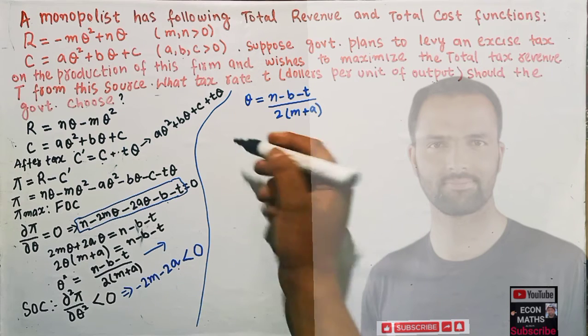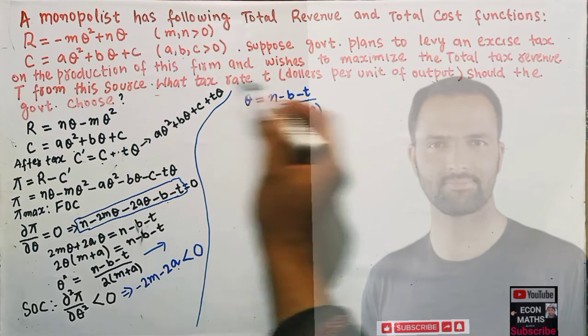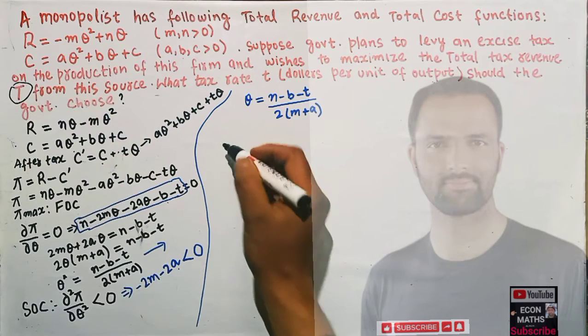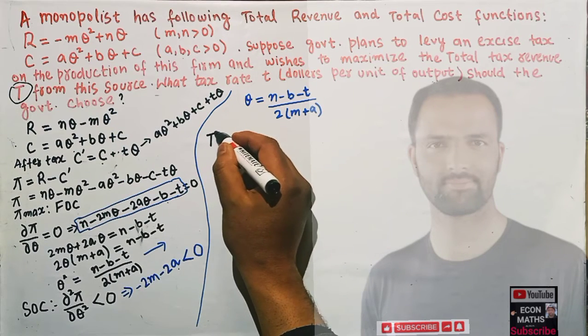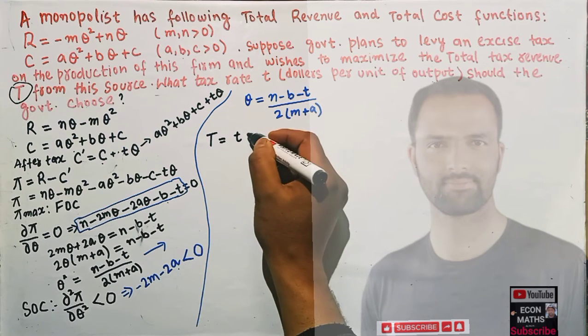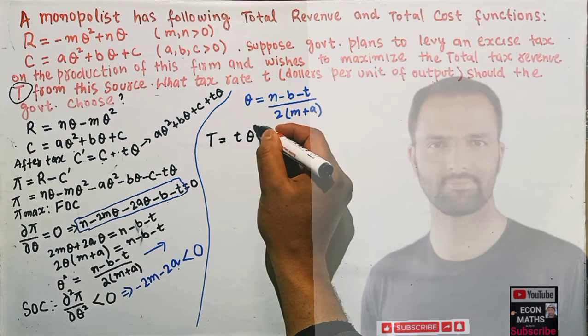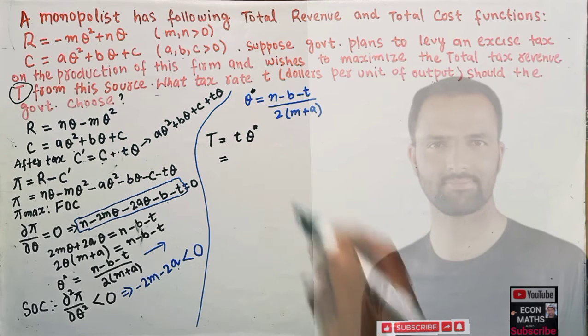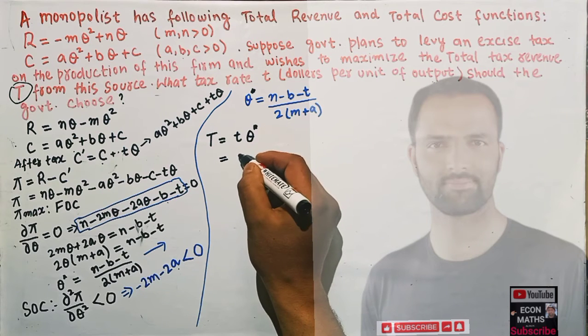What will be the total tax revenue? Let us denote our total tax revenue as equal to the tax rate into the profit maximizing quantity produced. What is our t? T is as it is.